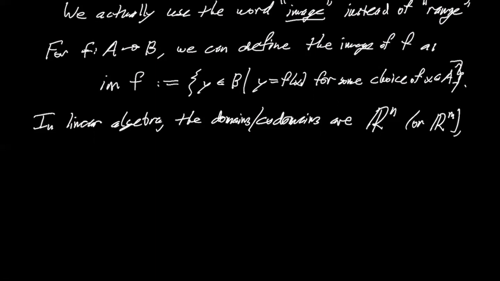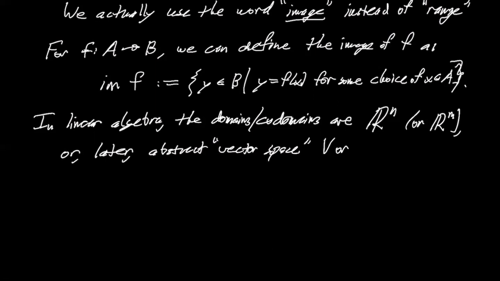Or later, there's this more abstract sense of something called a vector space. So we'll talk about abstract vector spaces. Usually capital V or capital W or something like that is used for a vector space. And the maps are called linear transformations. So we use these maps defined by linear functions. We just take linear functions of the input variables.